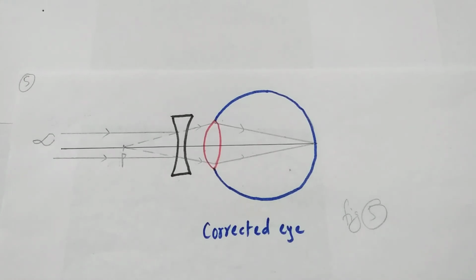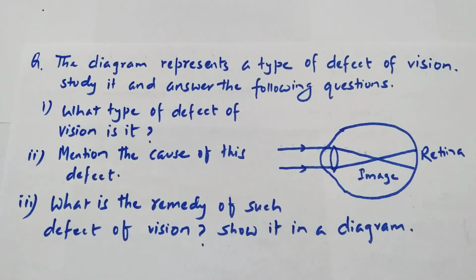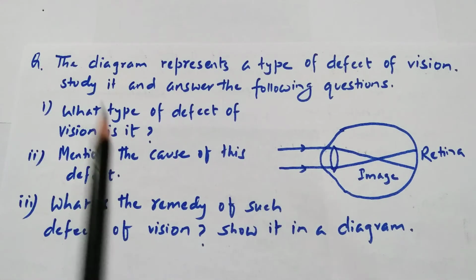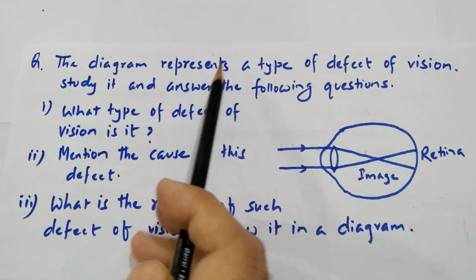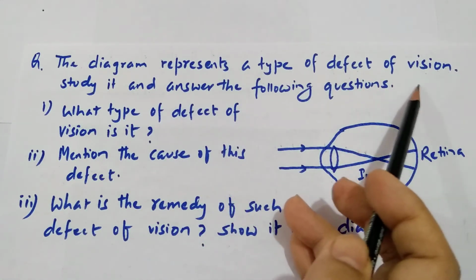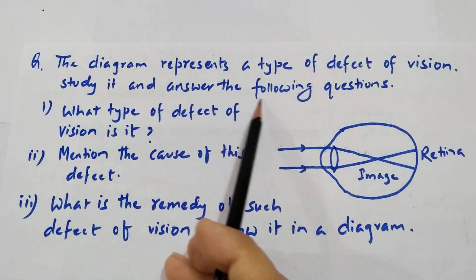Well friends, this is all about short-sightedness and its causes, and we have also corrected the short-sighted problem. Now our next agenda is to solve the question related to short-sightedness. The diagram represents a type of defect of vision. Study it and answer the following questions.